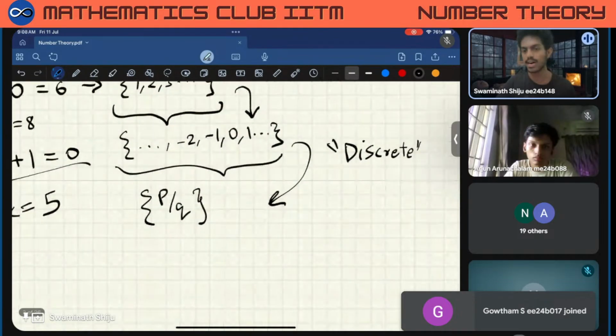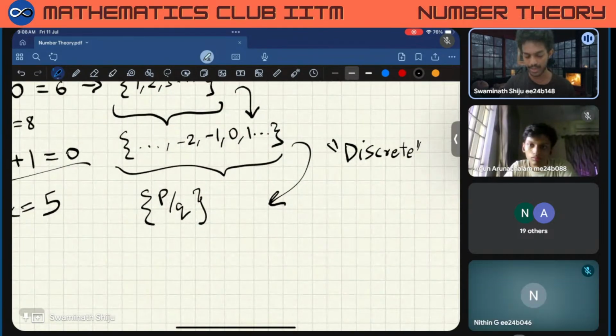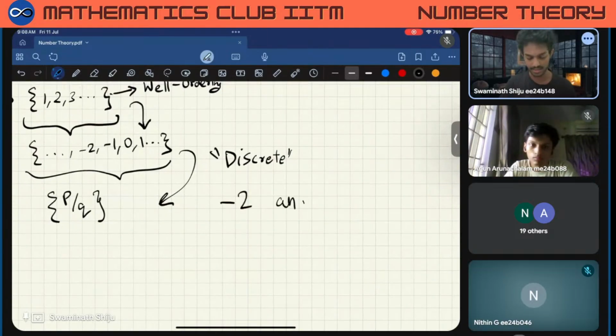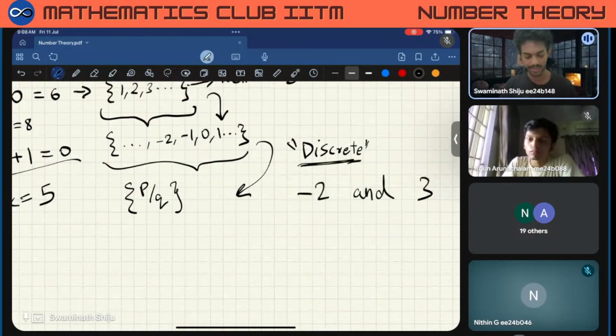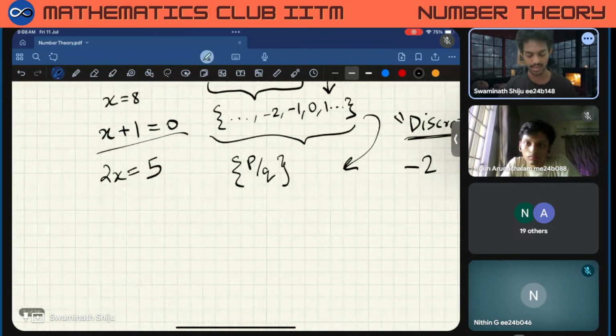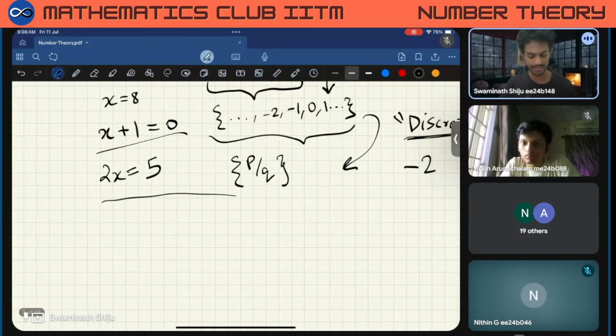If I asked you how many integers are between -2 and 3, you can tell me the exact number. But if I ask how many rational numbers there are, you couldn't tell me. They're infinite. The rationals are dense. That's what we lose when we go from integers to rational numbers.